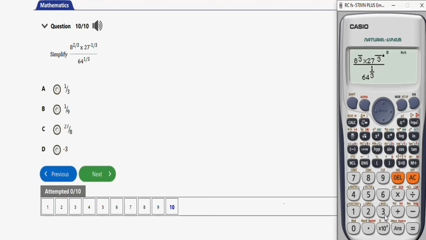So that's what we have there, guys. Let's press equal to see the output. 1 over 3. So the right option is option E. It's as simple as this.